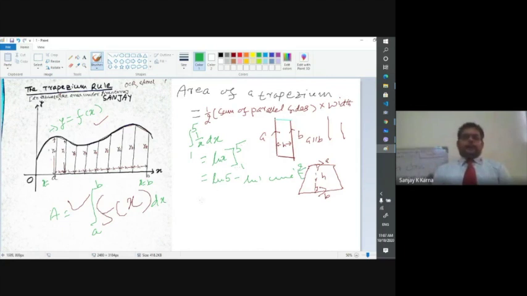But what happens if you are given ln x dx, and you would like to find the area under the curve ln x for x from 1 to 5? This is still not difficult, but we cannot find it quickly, because you have to use integration by parts, and it requires a lot of time.